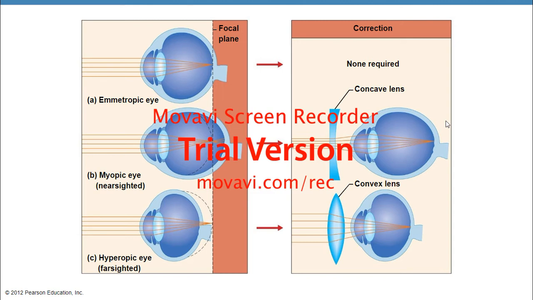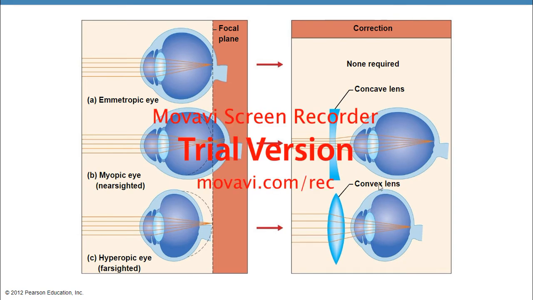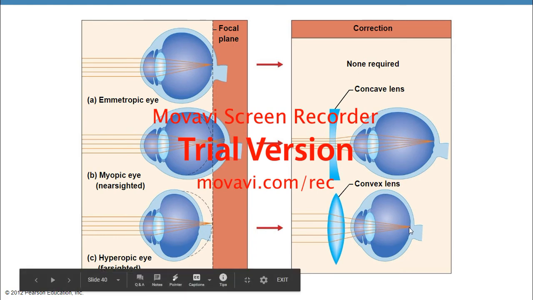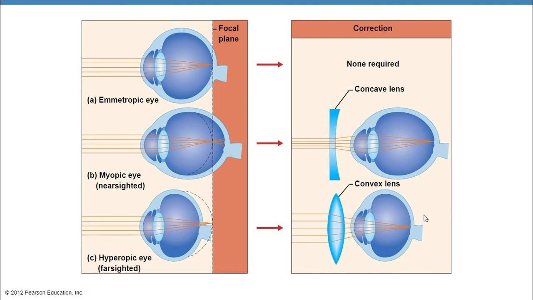Okay, so a concave lens can correct myopia, can correct nearsightedness. You cause the focal point to fall correctly on the retina, and then a convex lens can correct farsightedness, the hyperopic eye, and you can get the focal point to fall correctly on the retina.